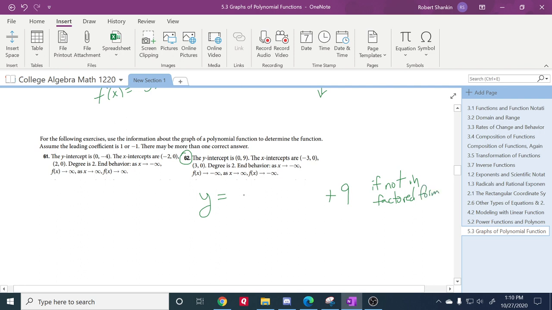So for instance, if it had x to the 5th plus x to the 4th plus something x cubed and so on, when x is 0, all those x parts are just going to get zeroed out, and it would have to be 9.